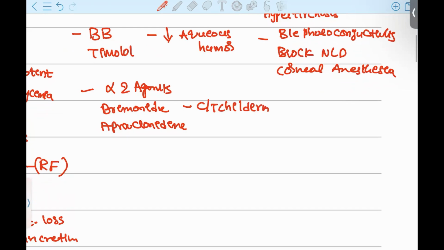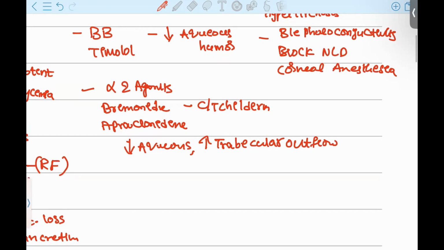We'll further discuss why it is contraindicated in children and why these alpha 2 agonists are used in glaucoma patients, because this will decrease the aqueous humor, and along with that, it will also increase the trabecular outflow. So this works by two mechanisms: one, it decreases the aqueous humor, and another, it increases the trabecular outflow.